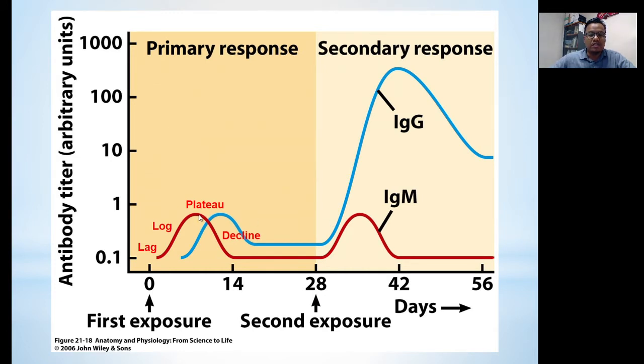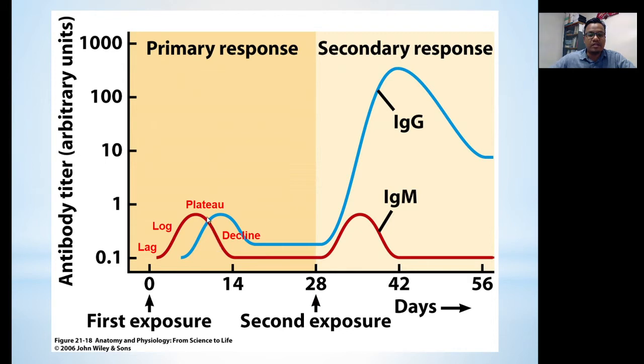So there will be a signal to the plasma cells that you don't need to produce any more antibodies, so they will stop. Some of the plasma cells will become memory cells. Some of the T cells will also become memory cells. They will stay as memory cells, stay dormant, and the rest of the activated cells will begin to degenerate. They will start to die off.